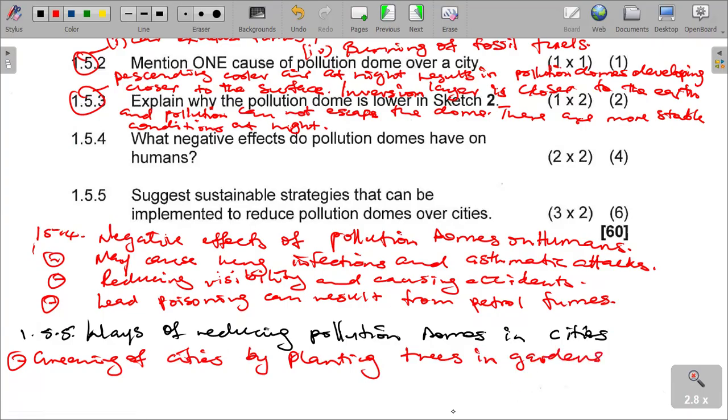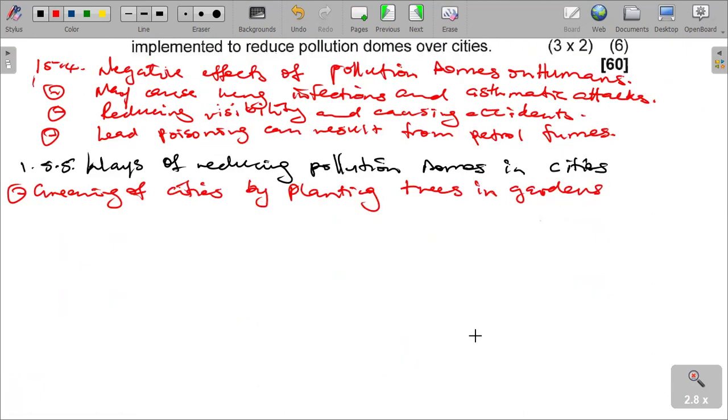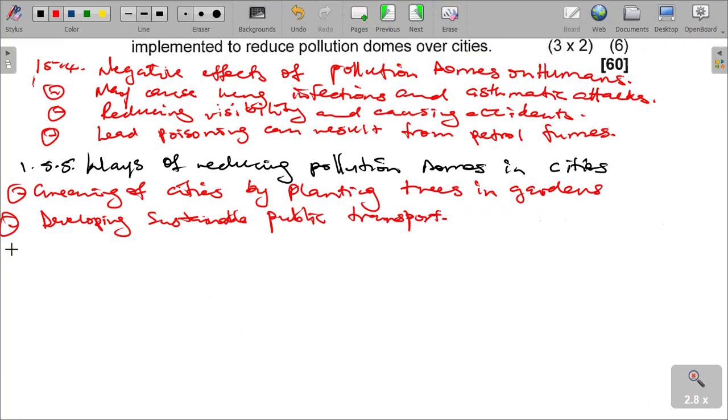We can also talk about developing sustainable public transport, because we are saying traffic is too much. Developing sustainable public transport will reduce the effect of air pollution. Invest in energy saving strategies such as solar panels.